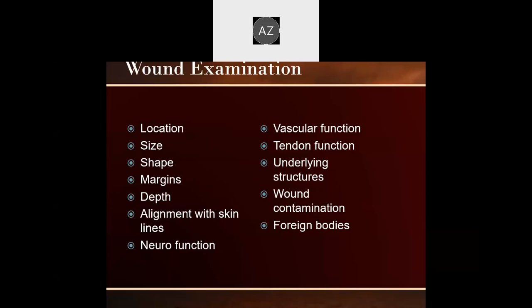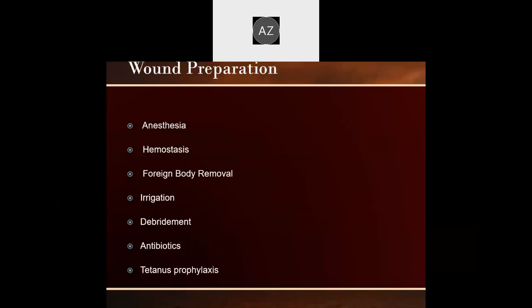Then see the vascular function, the tendon function, the underlying structures, the wound contractions, and the foreign bodies which are present, which sometimes impair the healing of the wounds. So when you prepare the wound, the patient has just come and you need to prepare it so that you can examine so well to see whether there is more debris, or entry of other foreign external bodies.